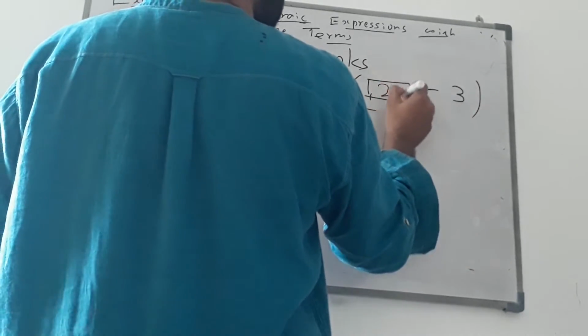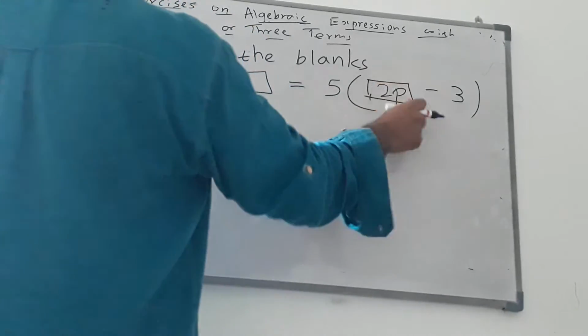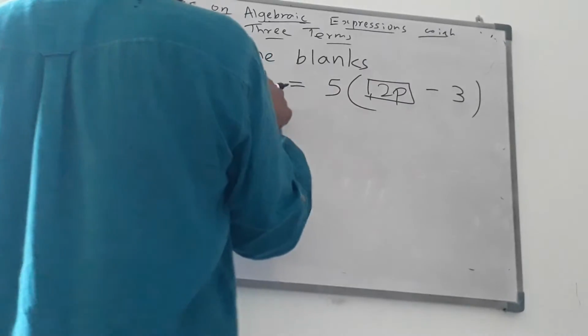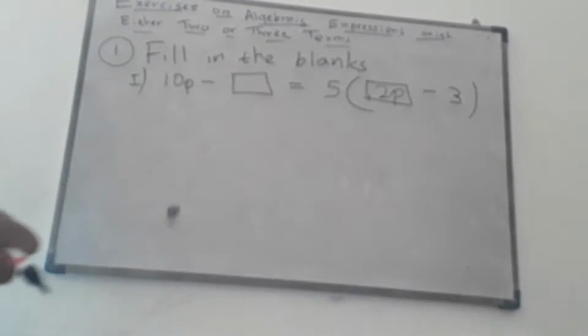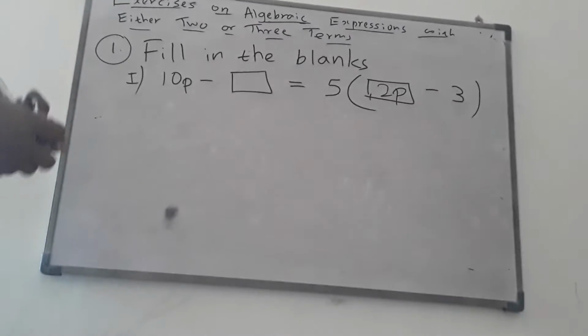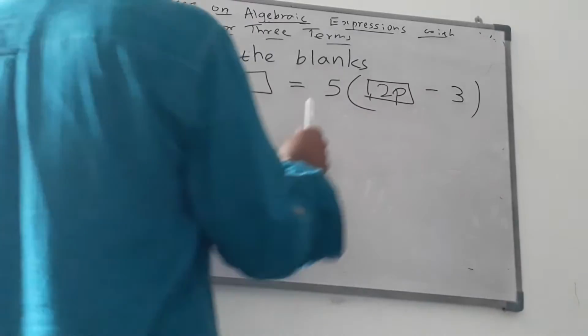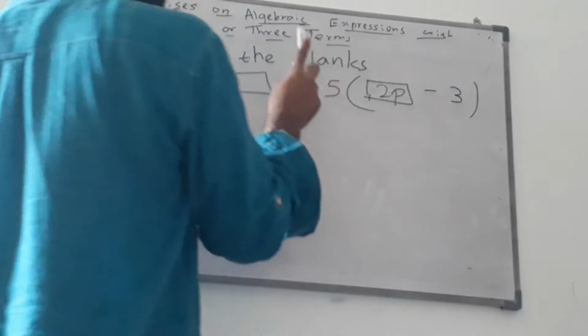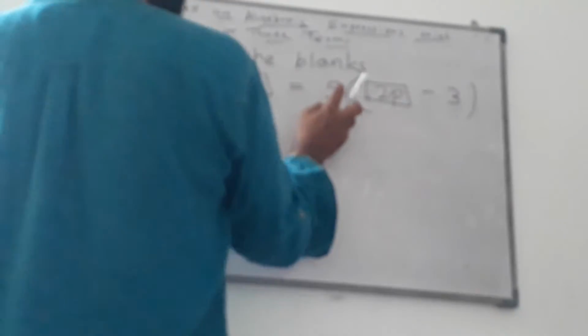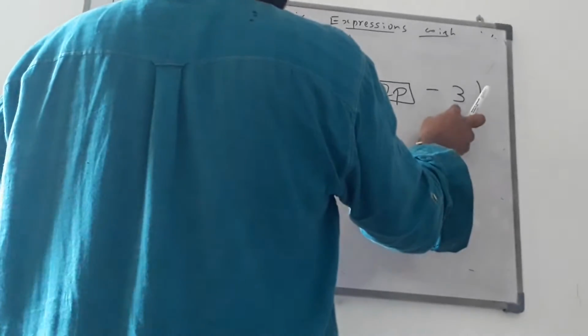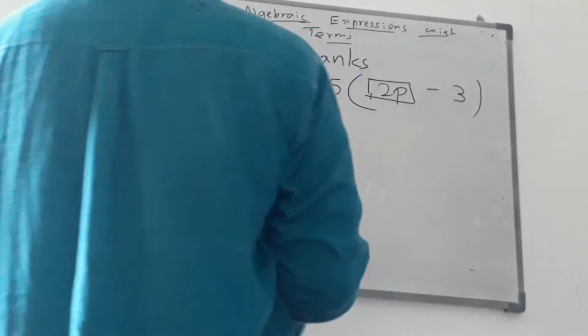So we know that 10p means 5 times 2p. 5 times 2 is 10, 10 times p, 10p. So this is 2p. Then we have to check the other blank. And we know the factorized highest common factor is 5, and here it is minus 3. 5 times minus 3 means 15.